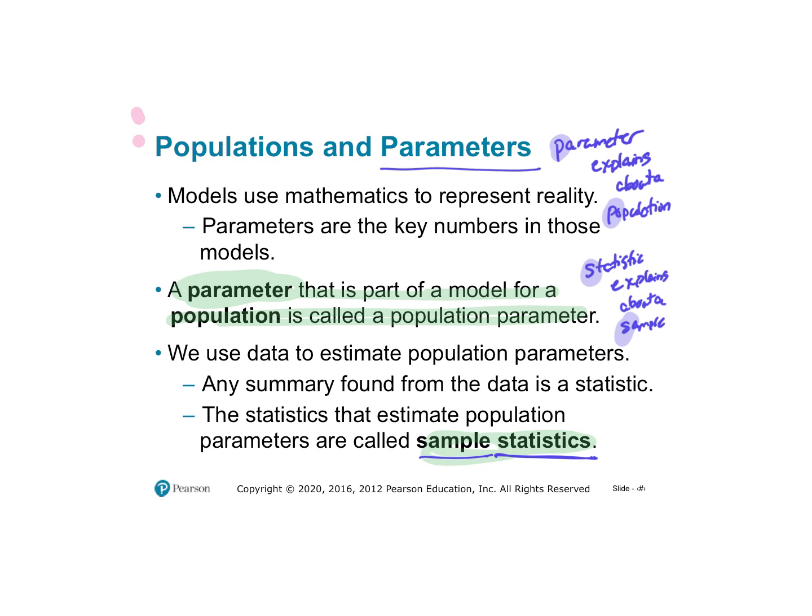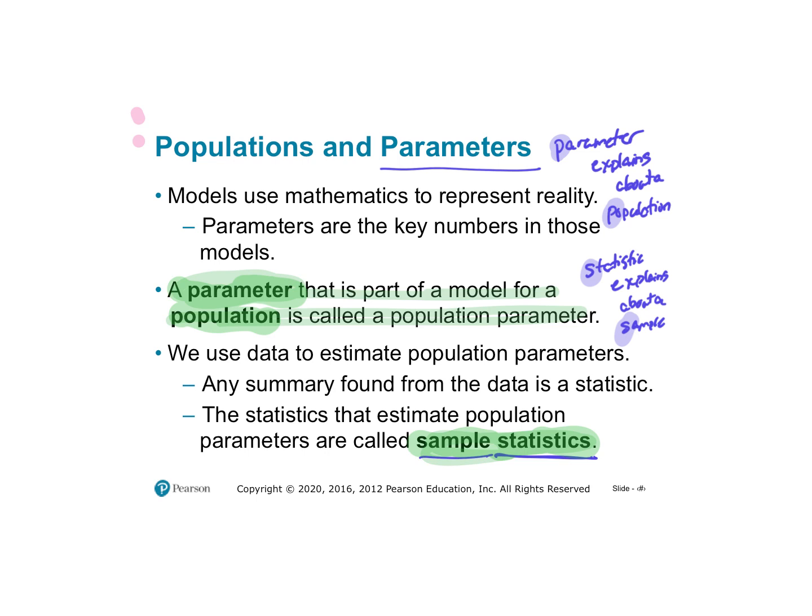Some other vocabulary here that you need to be familiar with. A parameter explains a population. Think alliteration here. P goes with P. A parameter explains a population, and then a sample has to do with statistics. So S and S go together, P and P go together. So parameter is a term you need to be familiar with.